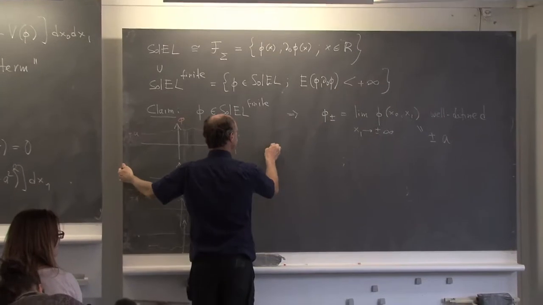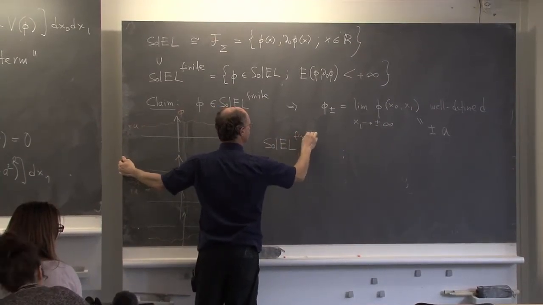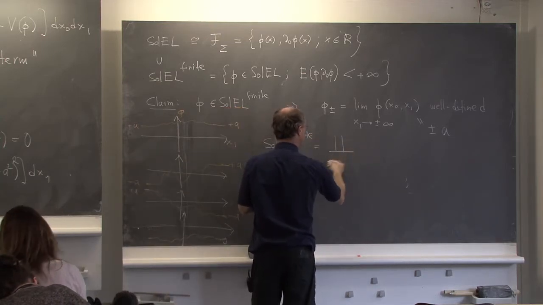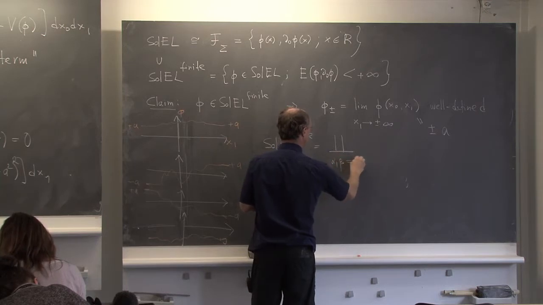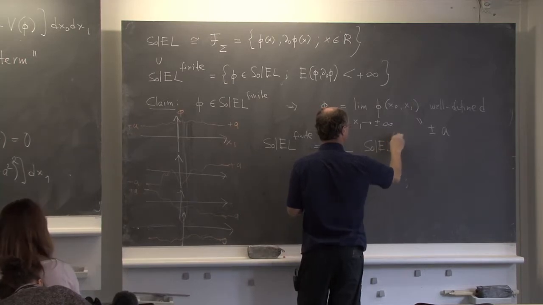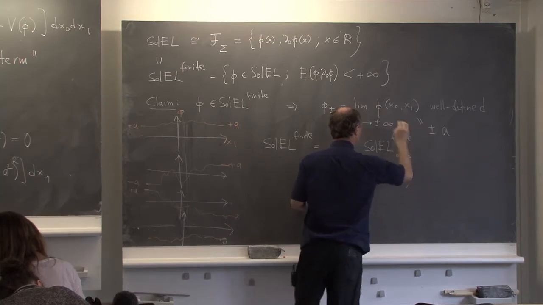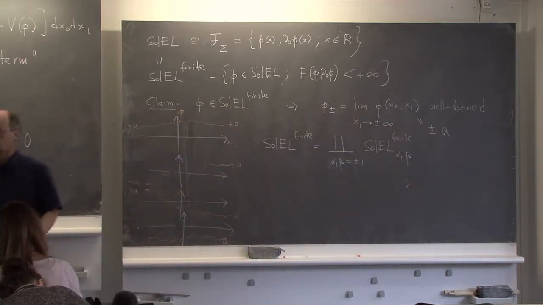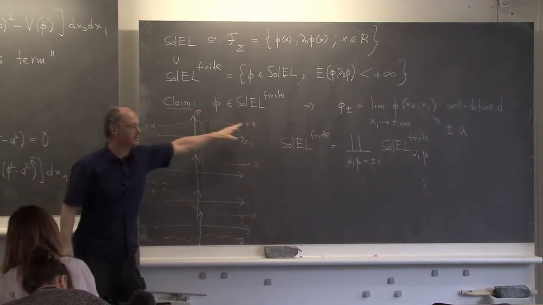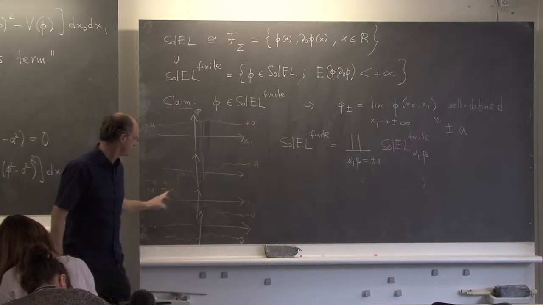So actually, Sol EL finite is a disjoint union of Sol EL finite alpha beta, where alpha and beta are plus or minus 1, and I label them, so this is a plus plus sector, this is a minus minus, this is minus plus and plus minus.